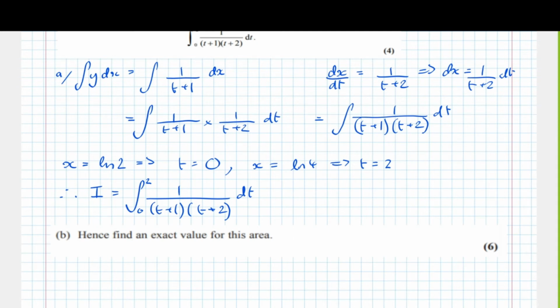So you've got to search the depth of your mind, look through every integration technique you've learnt, and come up with an appropriate one that's going to help us here. So go through every integration technique you've learnt and settle on one that will solve this particular problem.